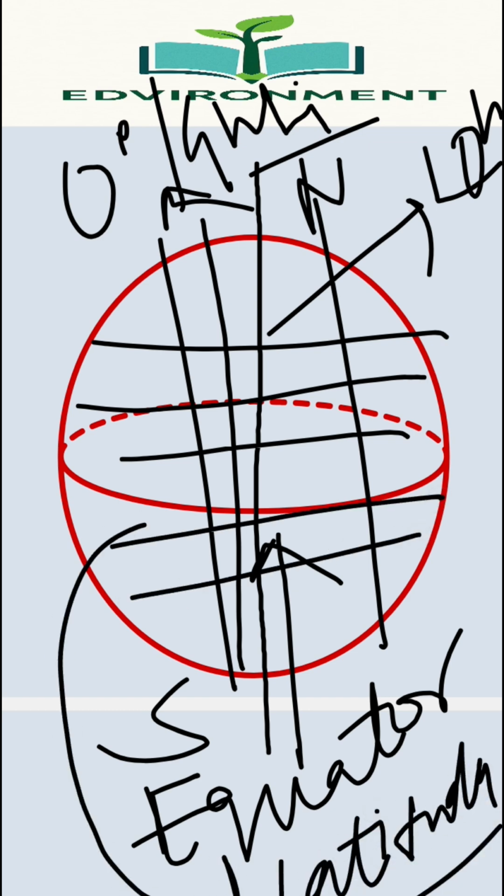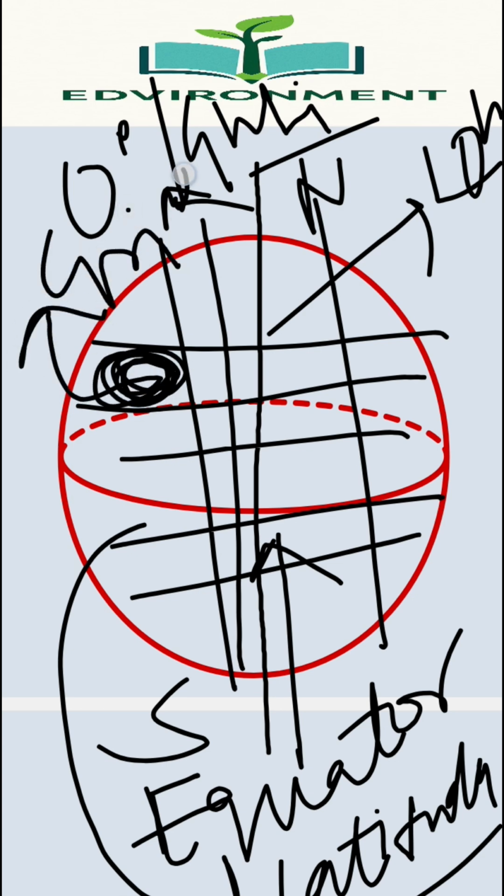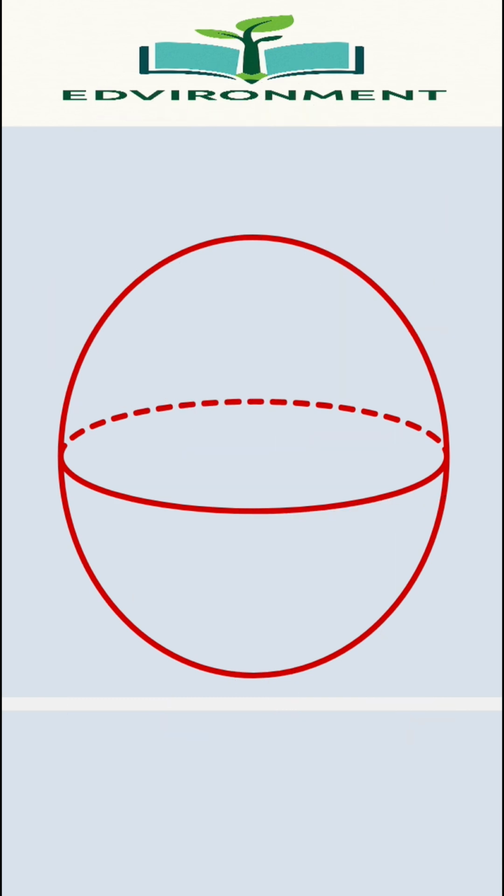The area between these lines which is forming here, we call it a grid.